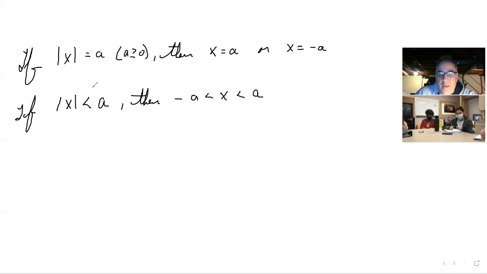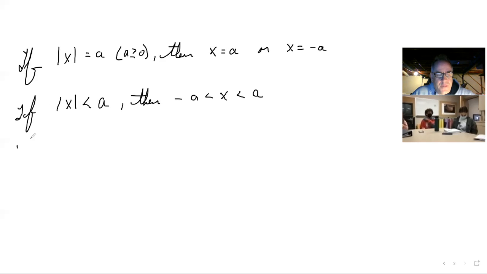Now, if you isolate the absolute value term and it's less than a negative number, that is never going to have a solution. You can't take the absolute value and get a negative value. So there's no way what you end up with would ever be less than a negative number. So that's a special case.